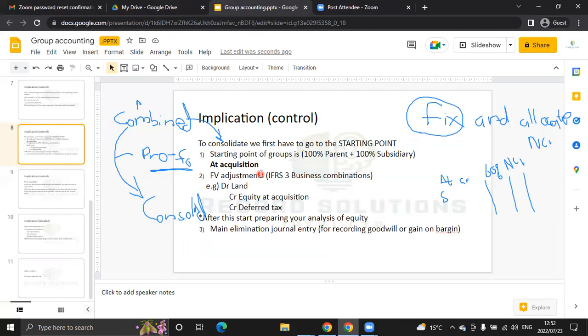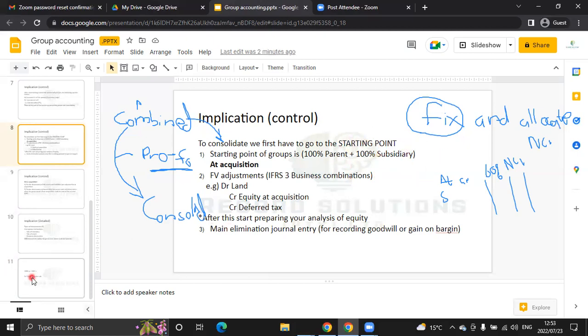It's not part of this group from a group perspective, that equity that came before acquisition, right? That's why the share capital, the retained earnings, all of those equity amounts at acquisition from the subsidiary, we have to eliminate.